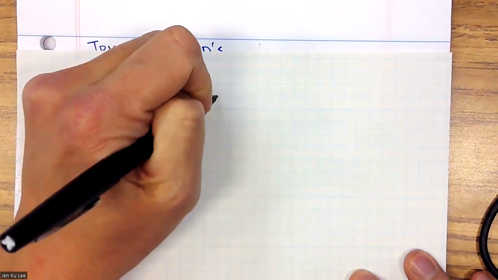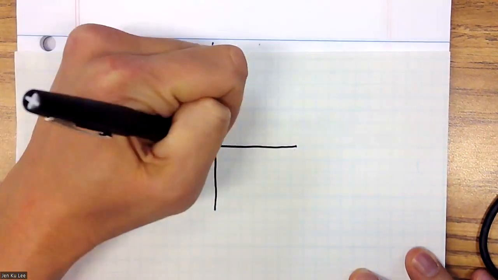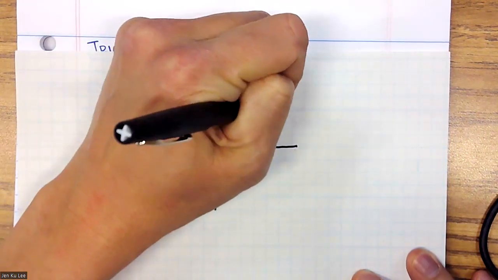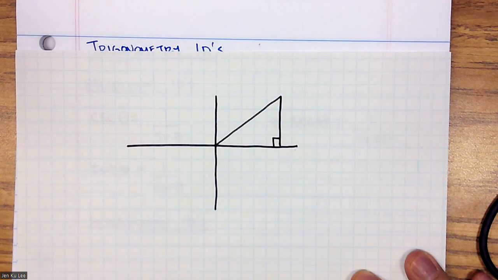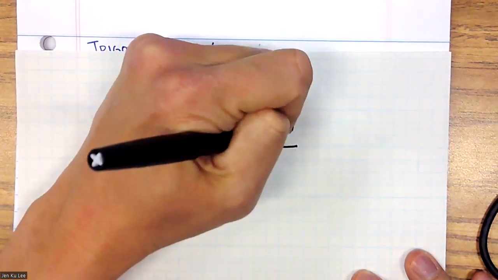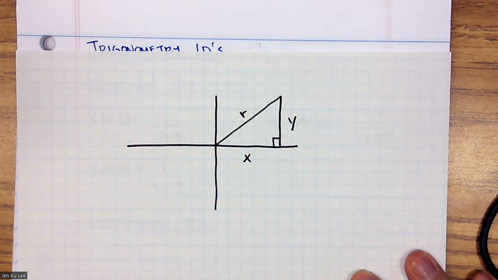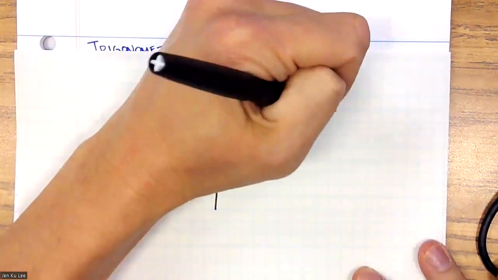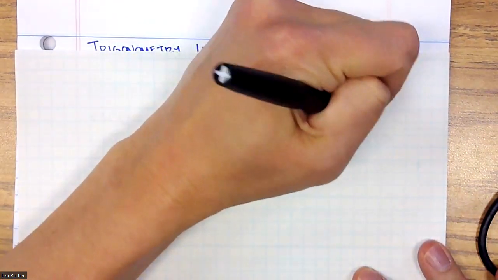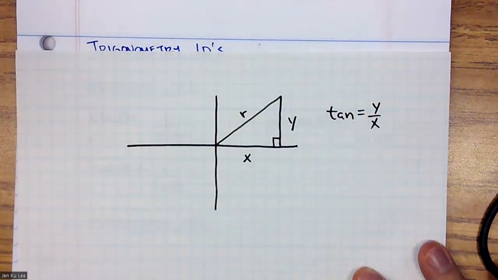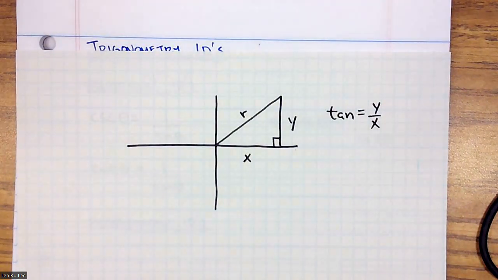Now, really quick, these next two are going to be built off of this right triangle here. You know that this is my y value, this is my x value, and this is my r value, correct? So tangent equals y over x, or opposite over adjacent.